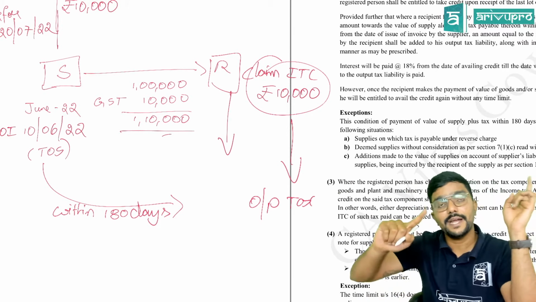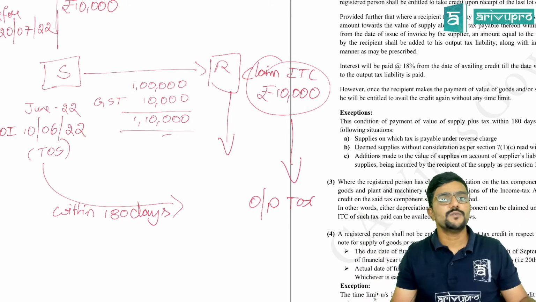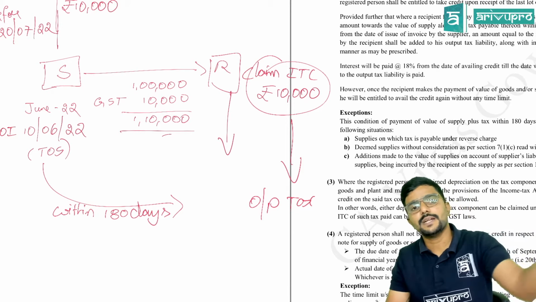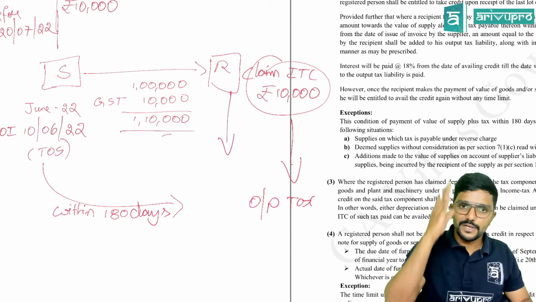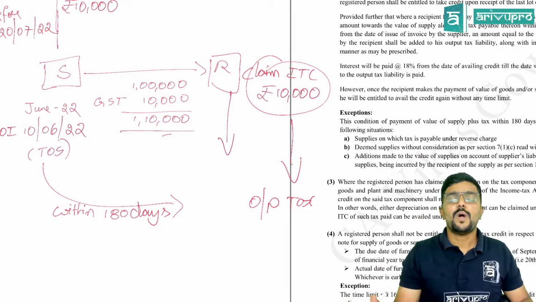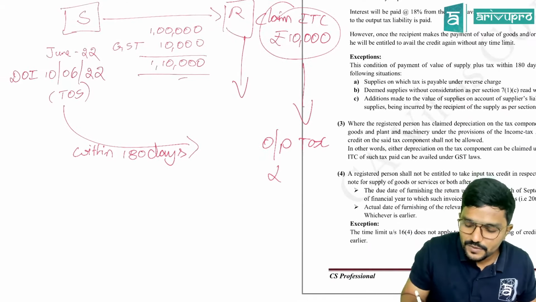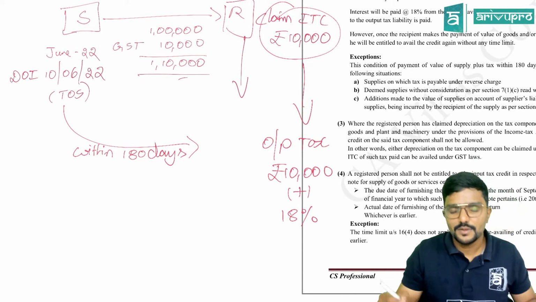On the 181st day, after the expiry of 180 days from the date of issue of invoice, which is 10th June, calculate the 181st day from there. On that day, whatever credit he has already claimed, which is 10,000, will be added to his output tax plus 18% interest on it.